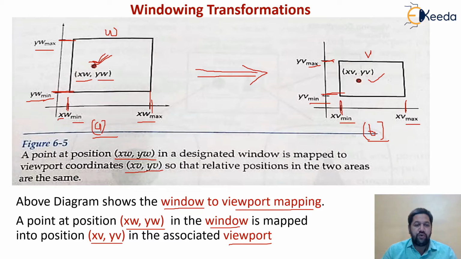This point is with respect to the window, and this point is with respect to the viewport. Let us understand which formulas or equations I can use to transfer xw comma yw into xv comma yv.